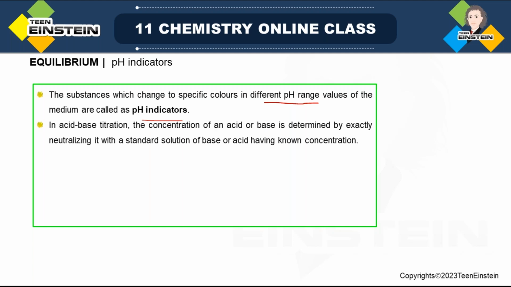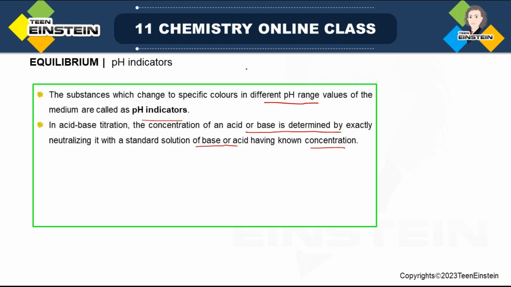Now, in acid-base titration, where we are going to use these species, the concentration of an acid or base is determined by exactly neutralizing it with a standard solution of base or acid having known concentration.